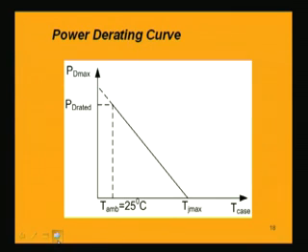Now there is a curve known as the power derating curve, which is a plot between PD max and T case. That is, if the temperature of the case is varying, the maximum power dissipated will also change. At the point where T ambient is 25 degrees centigrade, that means the case temperature is 25 degrees centigrade, the PD rated is defined.